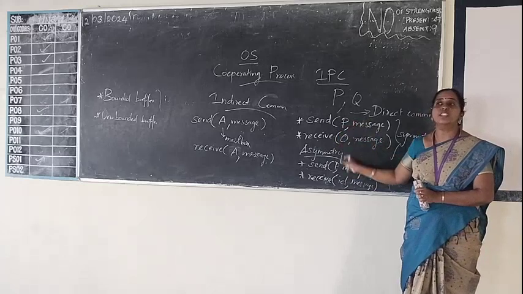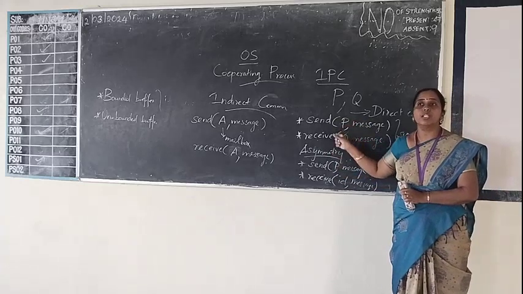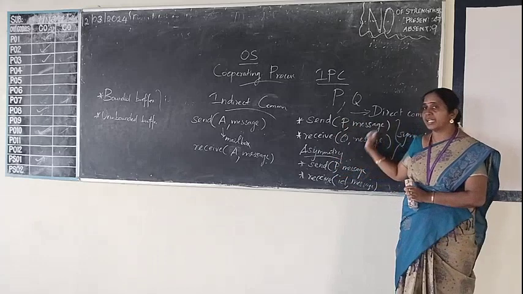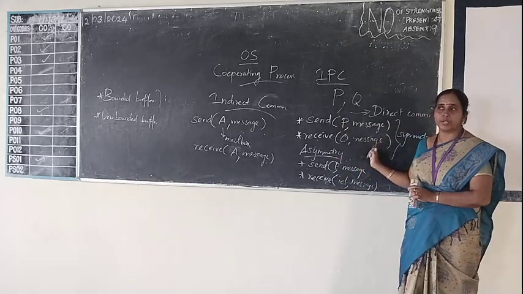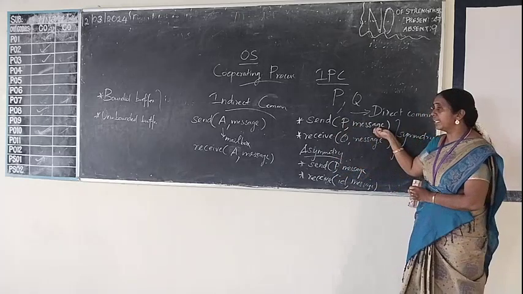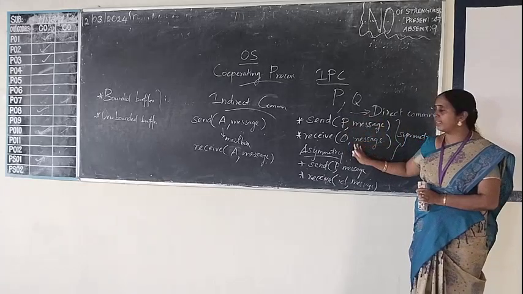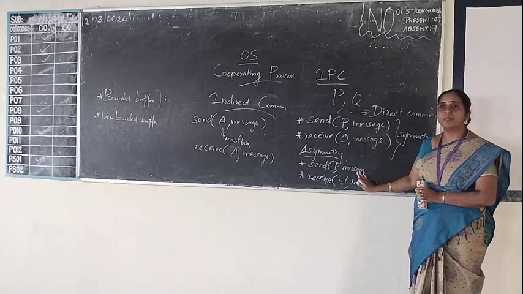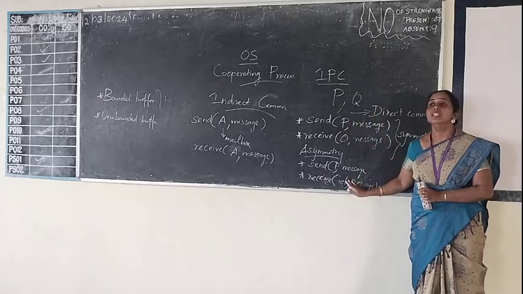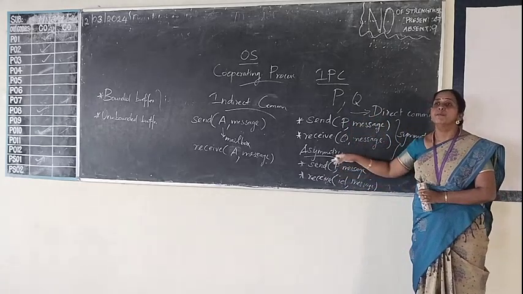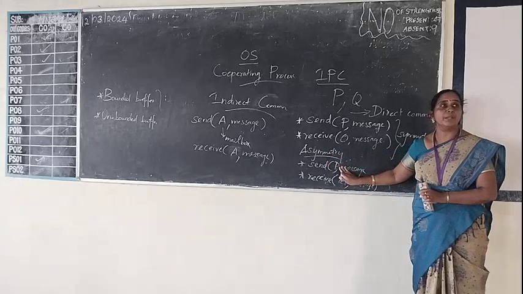And there are two types of addressing of a particular process. The first one is symmetry in addressing, and the second one is asymmetry. In symmetry, it needs to specify both sender and receiver, but in asymmetry, there is no need to specify the sender, but always the recipient name is given.